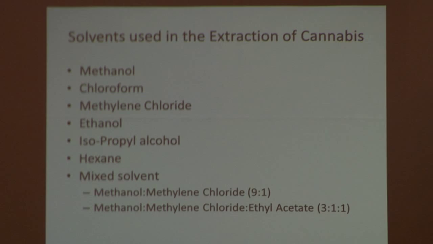My preferred mixed solvent is methanol, methylene chloride, and ethyl acetate in a ratio of 3:1:1, with methanol being the primary component. I usually just call that solvent 3:1:1. I'll mix it up by a gallon ahead of time and leave it in that ratio, and whatever I'm going to extract, I take out of that bottle of 3:1:1.